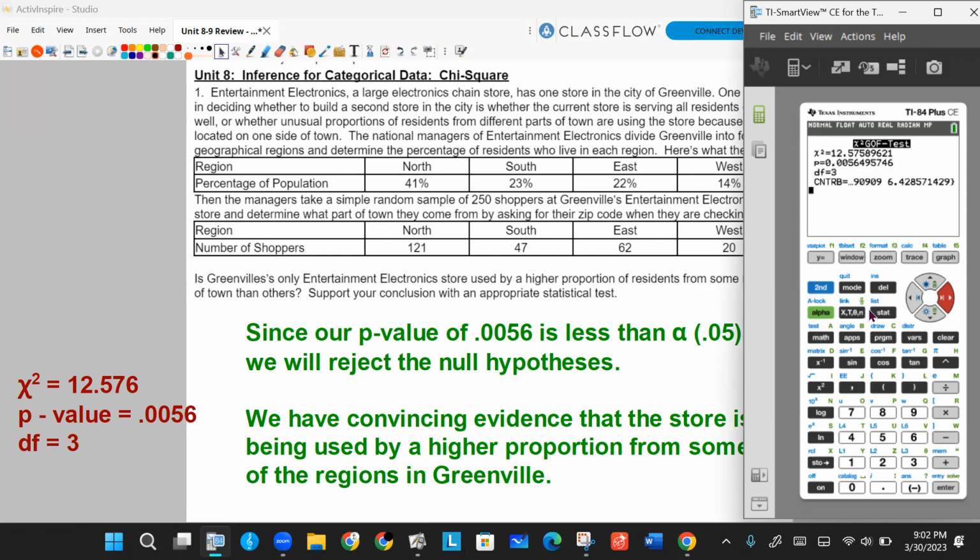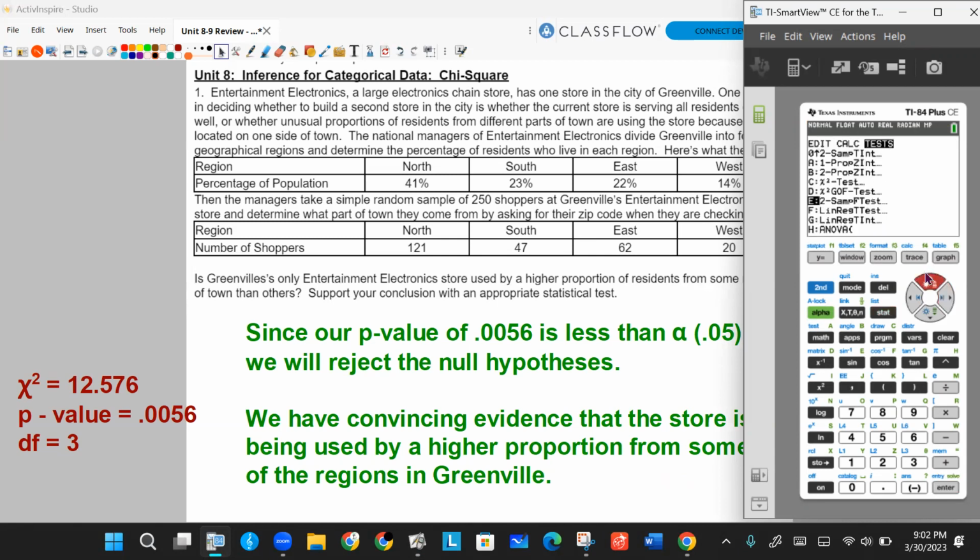So when you look at your expected values, you look at the West and you see the West was expected to have 35, but it actually only had 20. So that's actually negatively contributing. The one that's most positively contributing proportionally is going to be the 121, the North. It seems like there's more proportionally contributing to the North than expected.